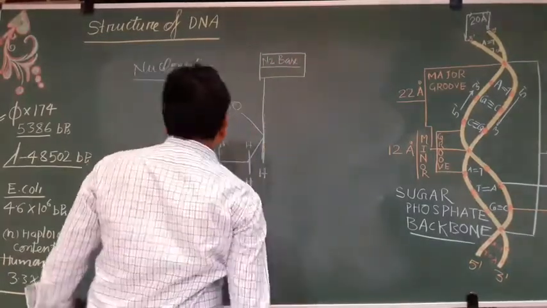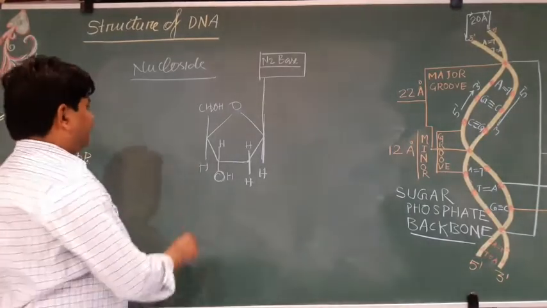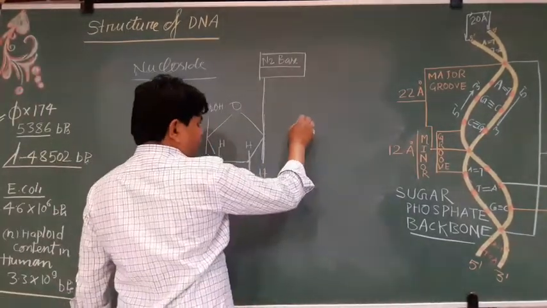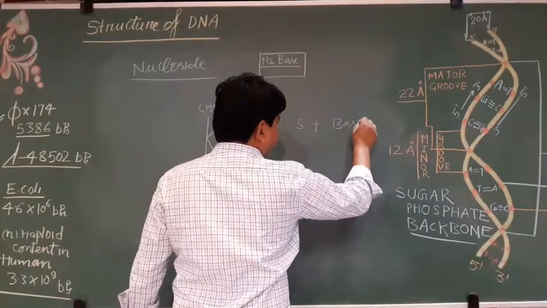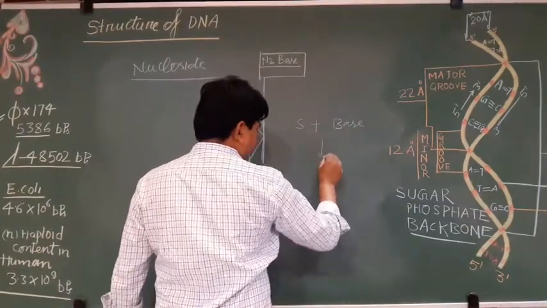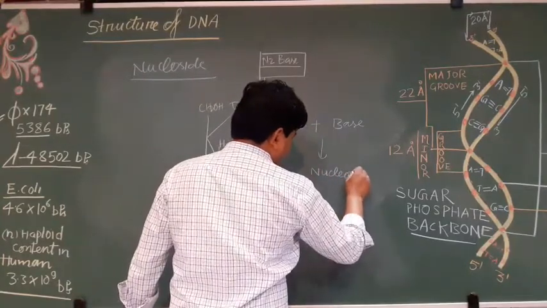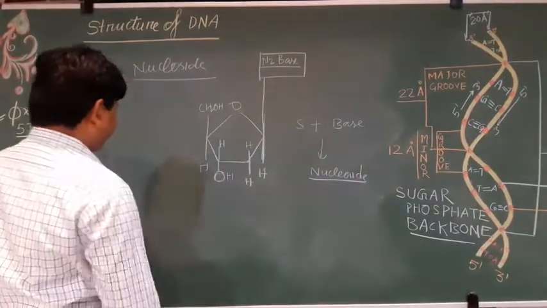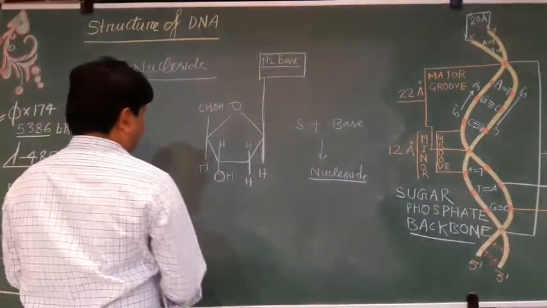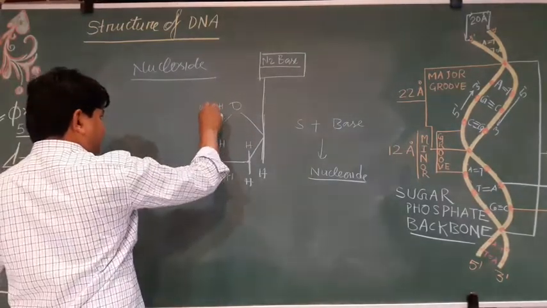So this structure combined is called a nucleoside. Meaning to say that sugar plus base is nucleoside. Clear?